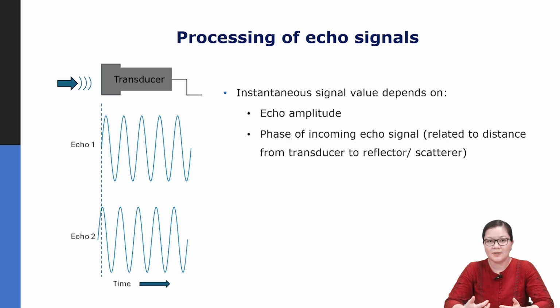When you're computing the Doppler echo signal values, what's important is the phase of the incoming echoes, because that also relates to the depth or the distance at which the reflector is from the transducer. What's also important is the echo amplitude, and that will be useful for assessing the intensity of the blood flow display in color flow Doppler.